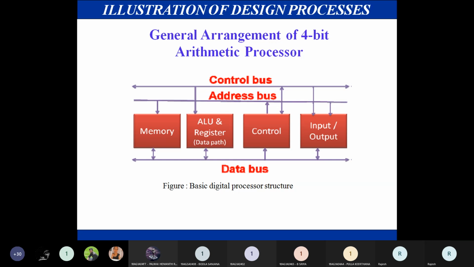The input-output devices will write the data onto the data bus, and that data is sent to the corresponding memory or to the ALU. The ALU will receive the control signals, so there is a control bus connected to the ALU and the control unit.